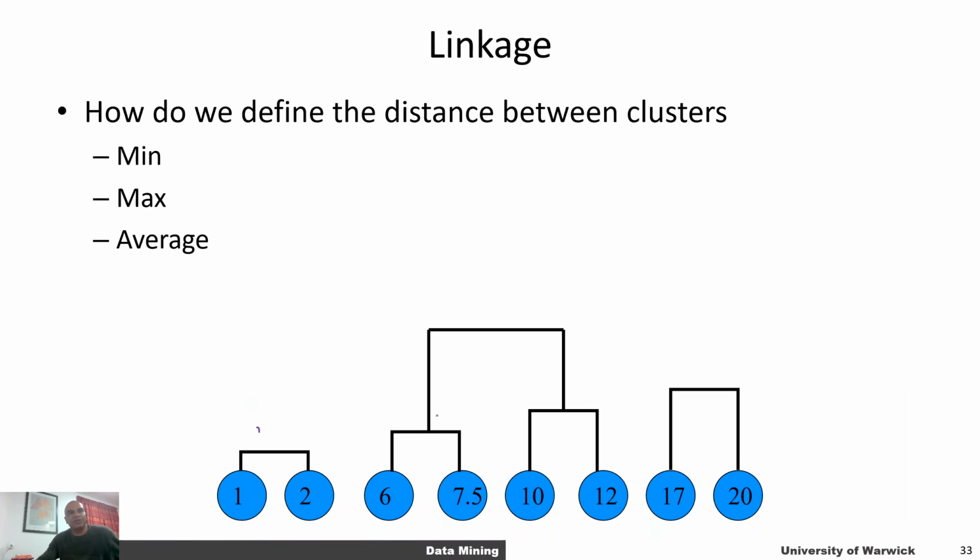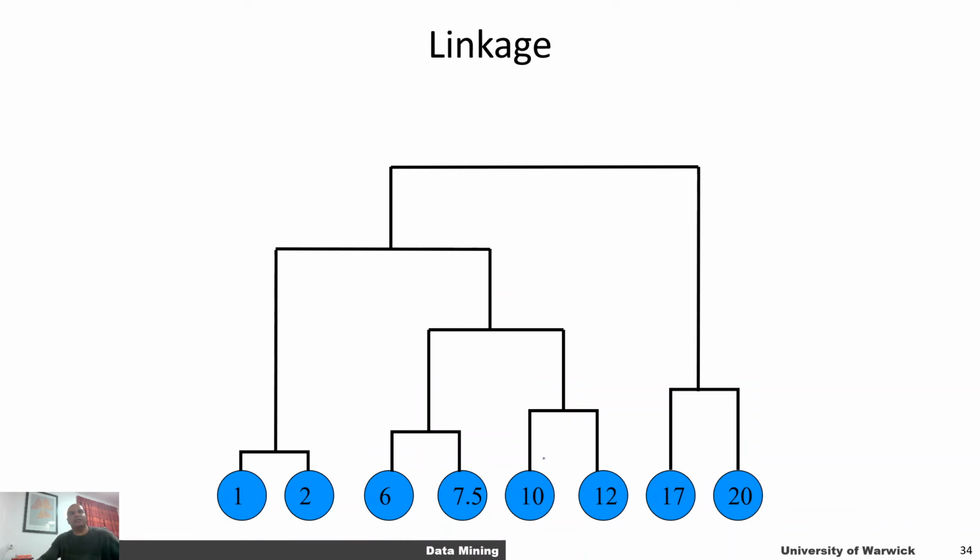Okay, so if you use minimum as the linkage between these two, we should be connecting these two clusters. And again, the height of the black lines is proportional to the minimum distance between these two clusters. And we keep on doing this until we are left with only one cluster, right?